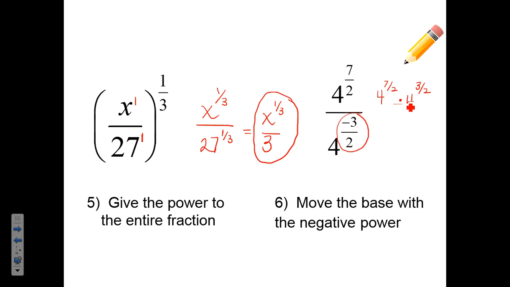And because they're on the same level, I can now add their exponents. So I'm actually doing two things here. Because the bases are the same, I can now put them together by saying 7 halves plus 3 halves is 10 halves. 10 halves is 5, so the answer is 4 to the 5th power.